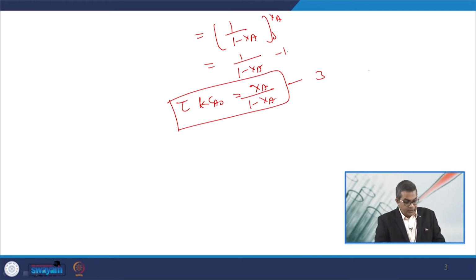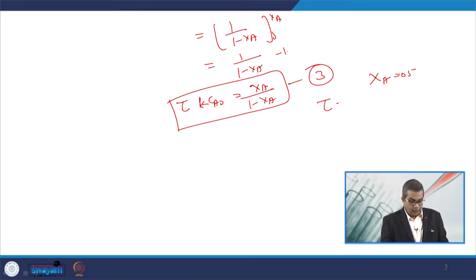Now given Xa is equal to 0.5, tau is equal to V upon V naught, the volume divided by the volumetric flow rate at start, 1 meter cube upon 10 meter cube per hour, that comes out to be 0.1 hour, and Ca naught is equal to 2 kilomole per meter cube, which is already given.